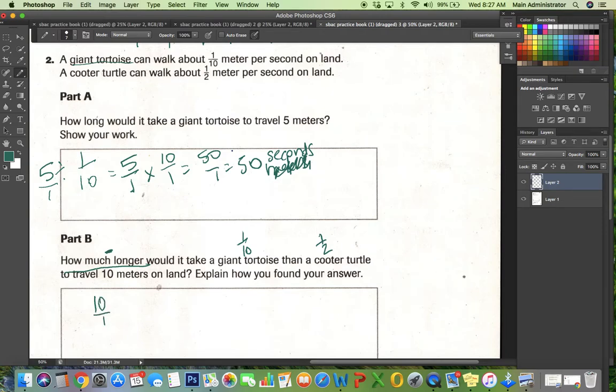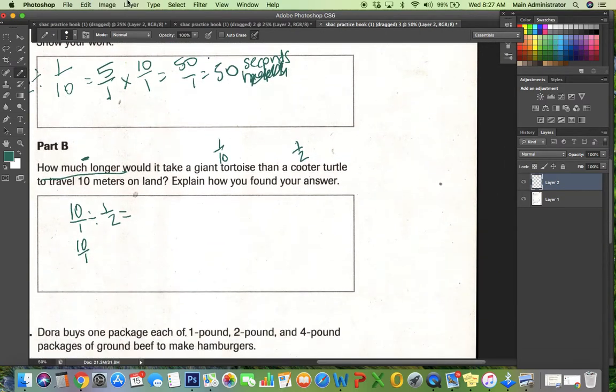I'm going to put it over 1. I want to see how long it would take the cooter turtle to travel 10 meters. And then I want to compare that with how long it would take the giant tortoise to travel. Let me move this up a little.